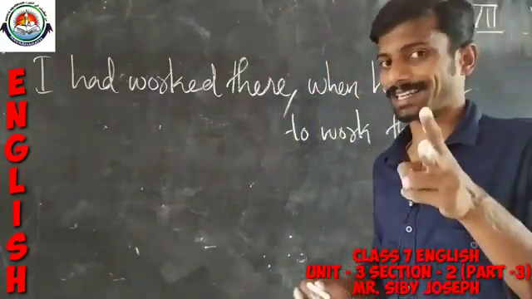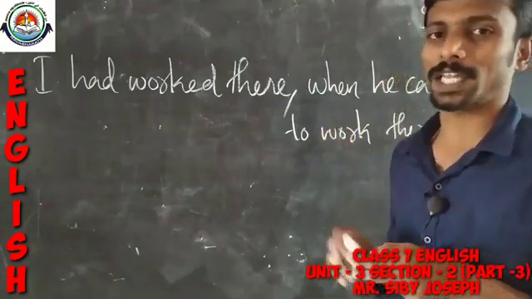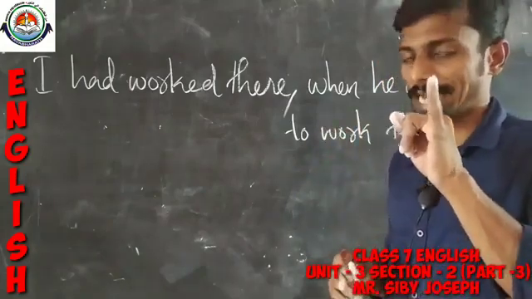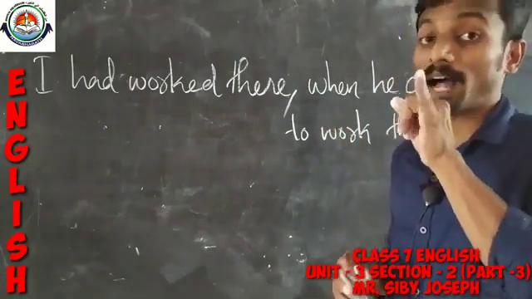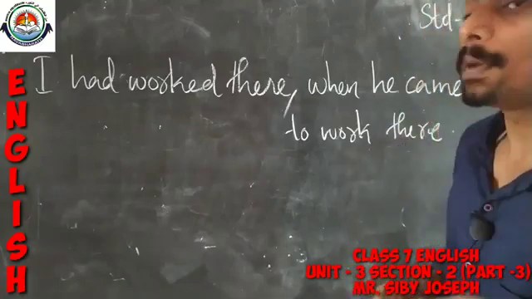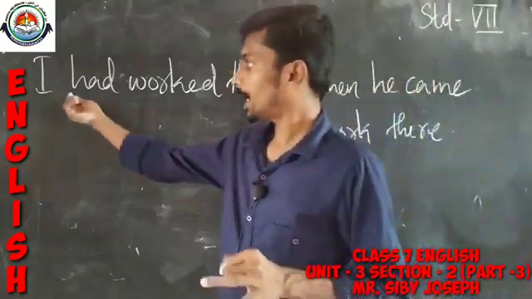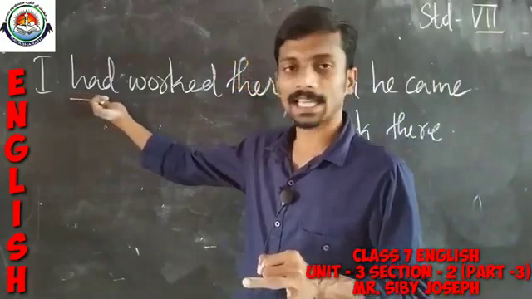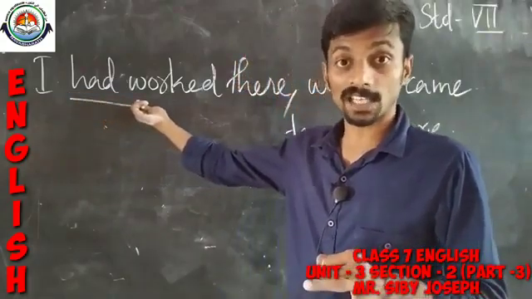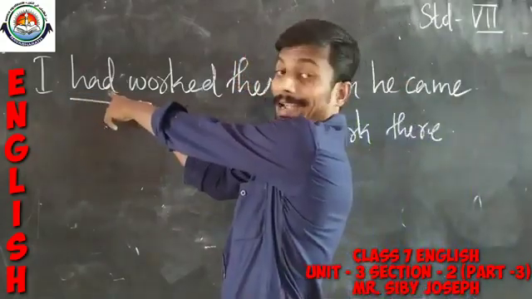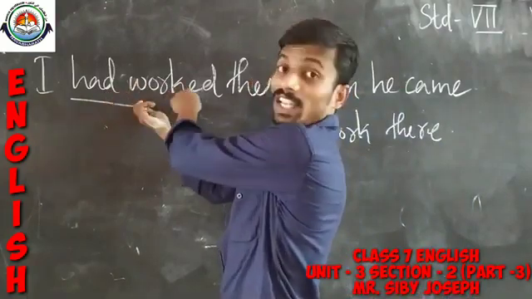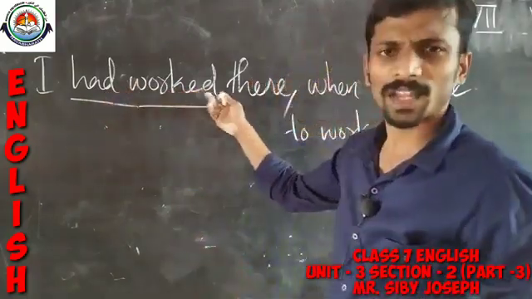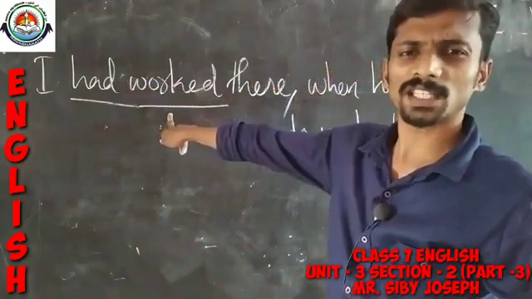We can find two tenses. Which are the tenses used here? Very good, what you said is right. Past perfect and simple past. Here we can simply identify the past perfect by looking at the had plus V3 form.